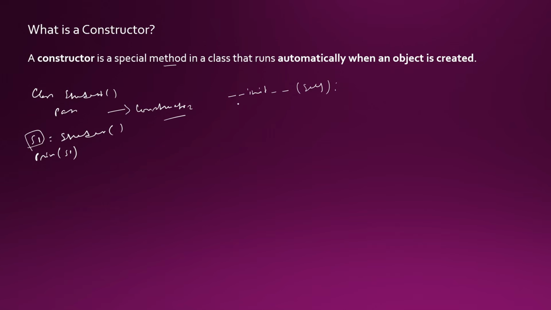In Python, our constructor gets created using this. But if you don't pass anything over here, automatically one constructor gets created once our object gets created. So here I have not created any kind of constructor, but automatically once my s1 object gets created, one constructor gets created.